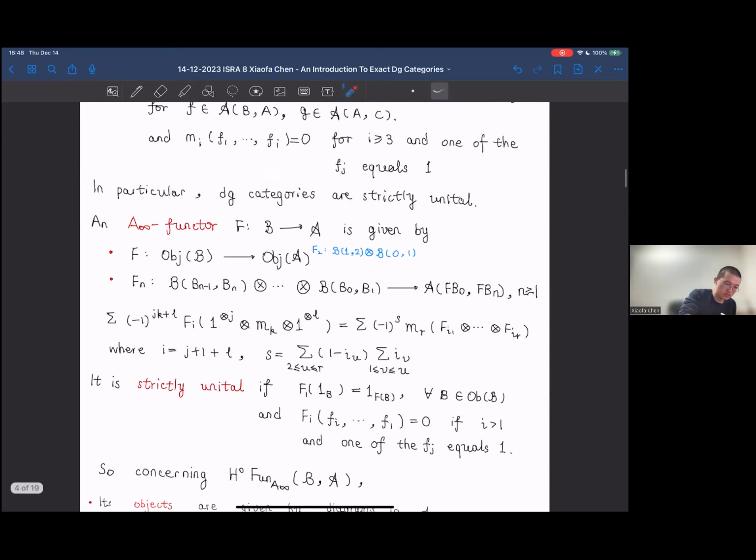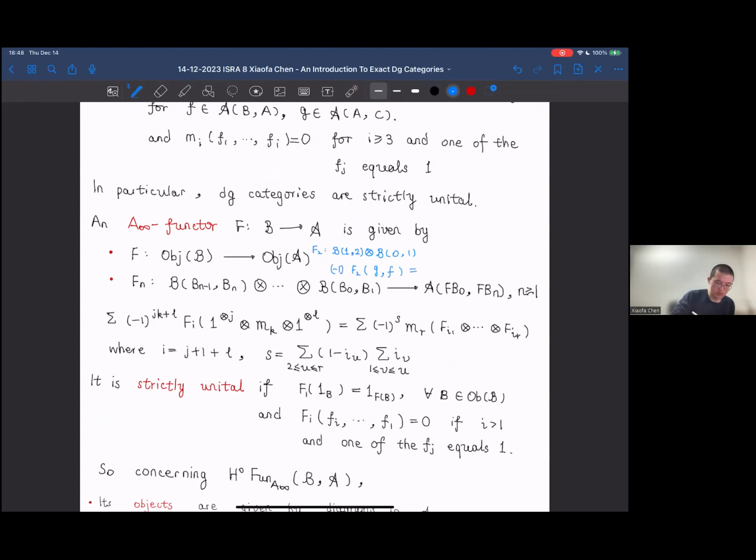So we find that we have F2 on G, F, and then here l equals 1 and k equals 0. So we have a sign here, and it equals the right-hand side.